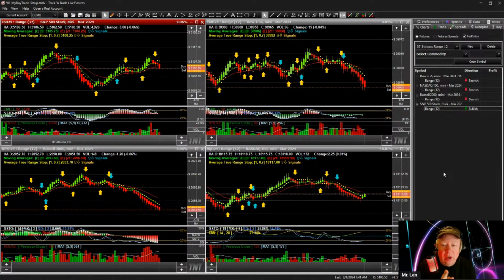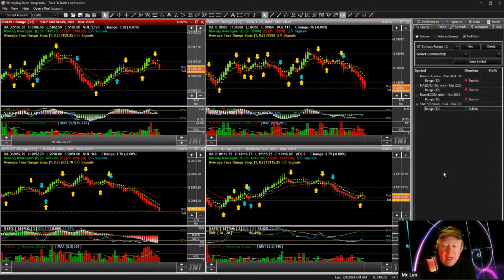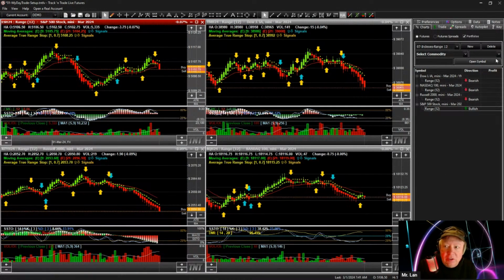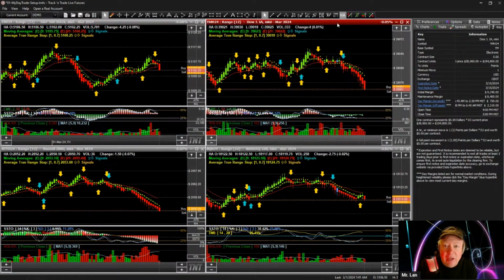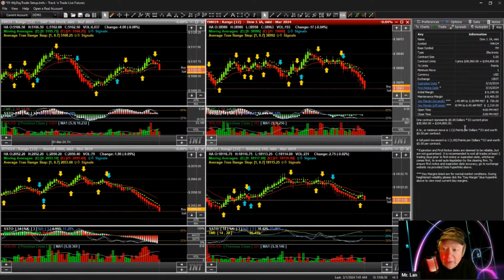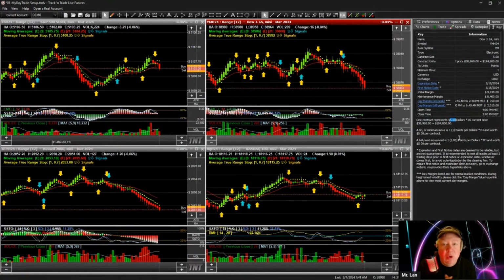What we have over here is that 1 represents 1 contract, or a minimum move is a percentage of that contract. Back to the Dow, 1 minimum move is $5. So if it moves 1 tick, that's $5.